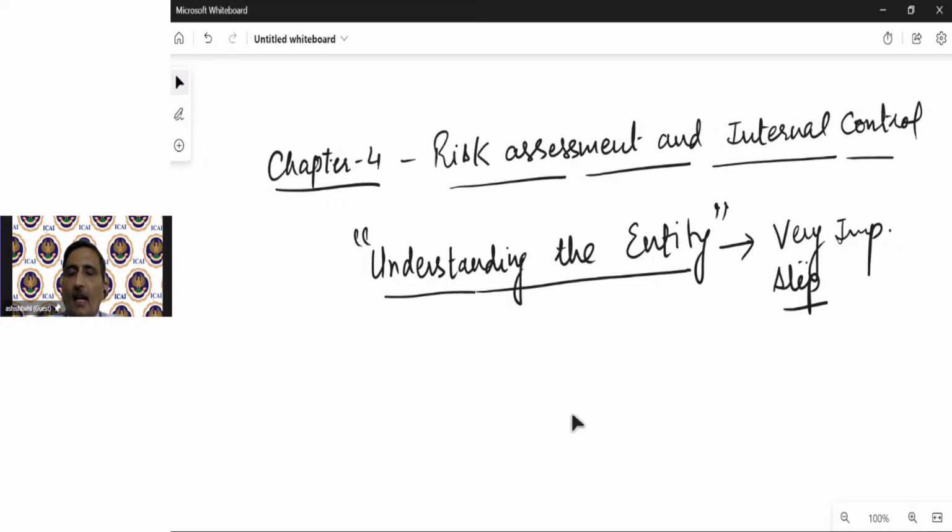I hope that you have well understood the meaning of audit risk and its various components, that is risk of material misstatement and detection risk. We had also understood that risk of material misstatement in turn consists of inherent risk and control risk.